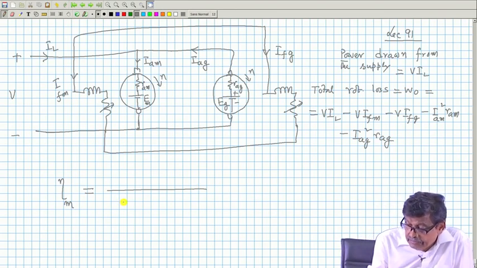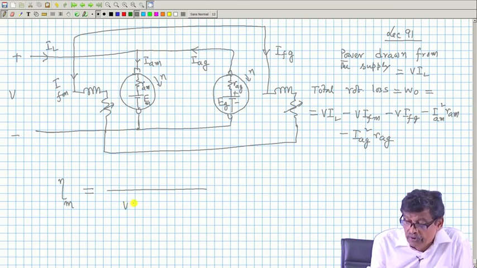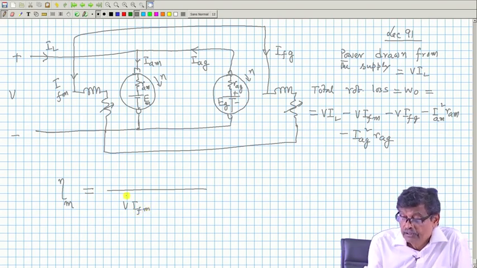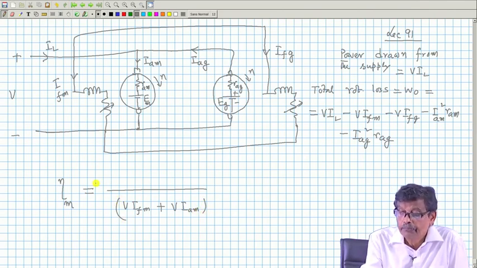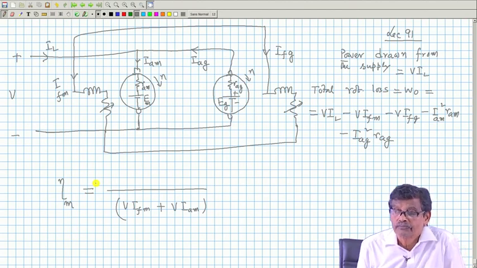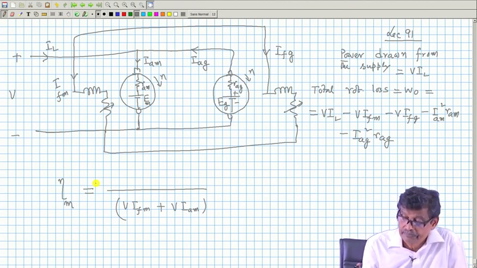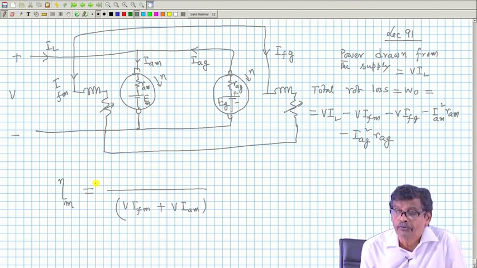Input will come in the denominator. So, it is V into IFM, field copper loss, plus V into IAM. This will be the total input power to this motor. Got the point? Input power to the motor.